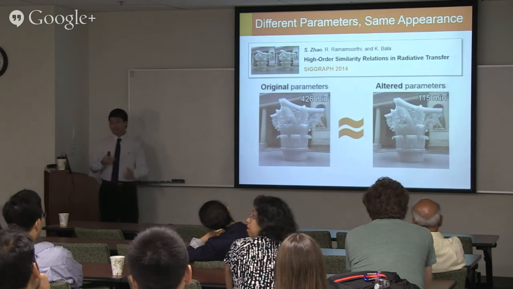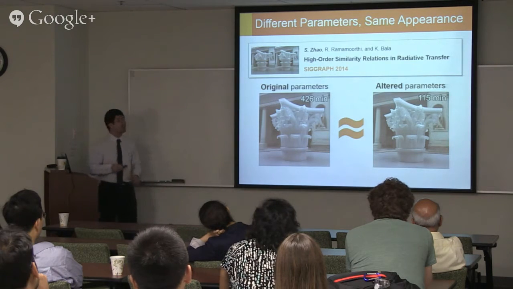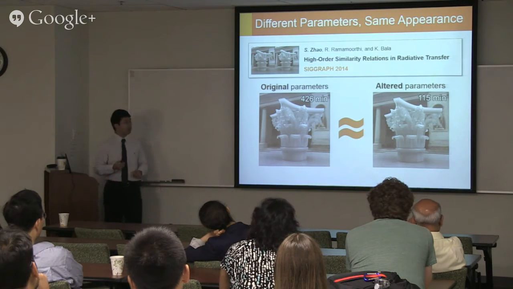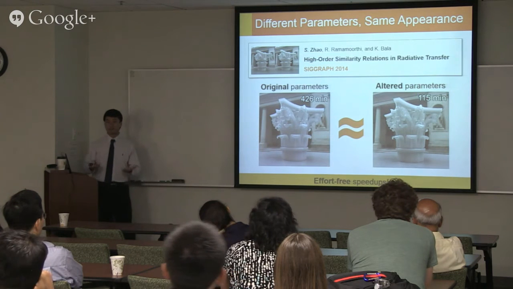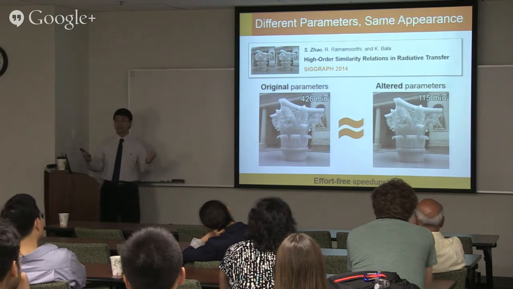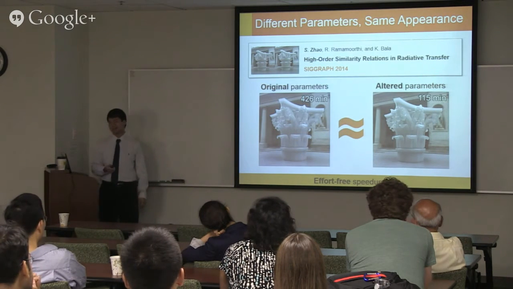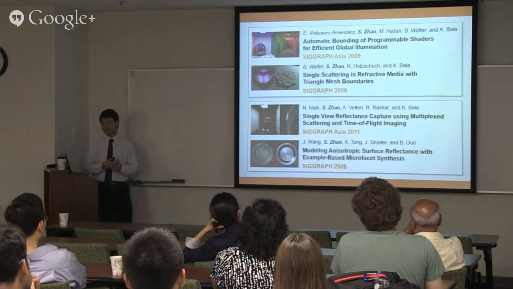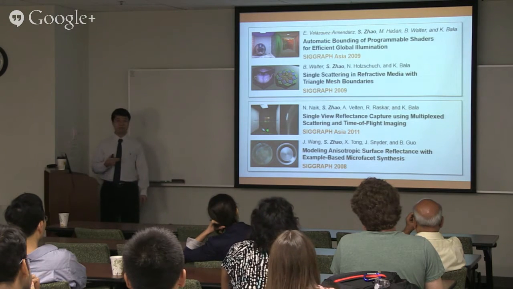In practice, we developed new algorithms to find altered parameters that would lead to the same appearance but render faster. So people can simply replace their material property using ones given by our approach to obtain effort-free speedup because they do not have to modify their underlying algorithm or anything. They just change their input. I have also worked on a number of other projects in physically based rendering and material appearance modeling.